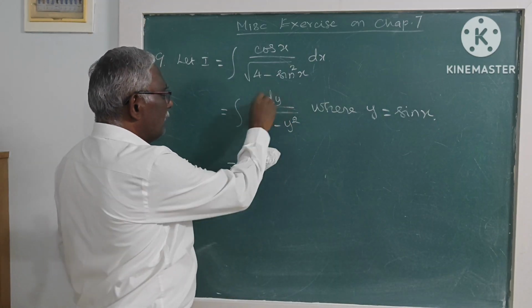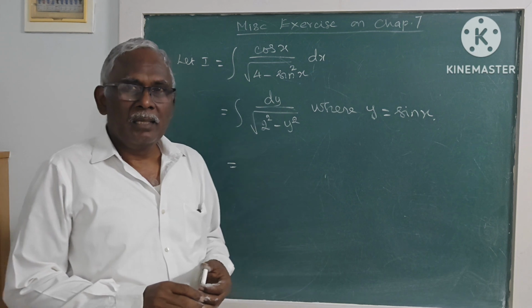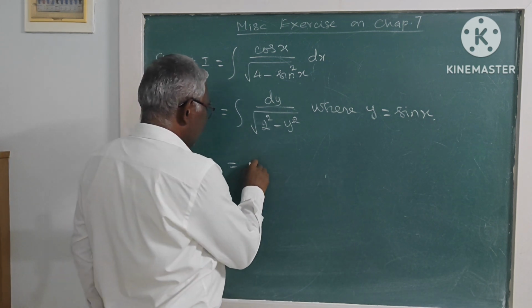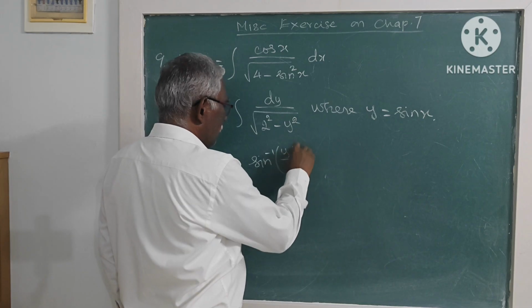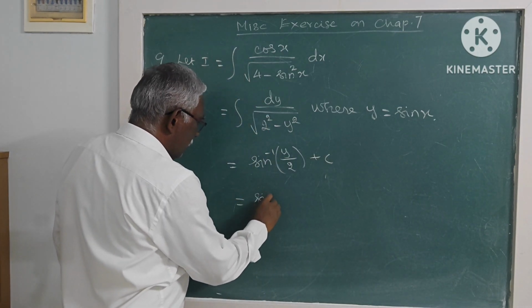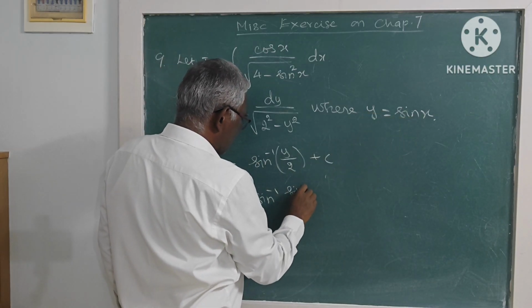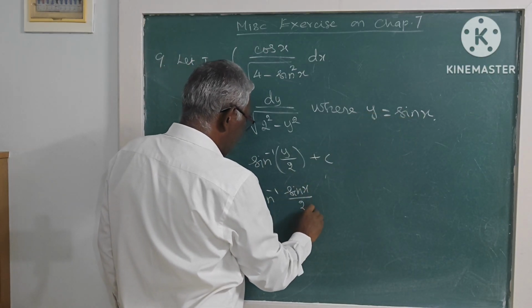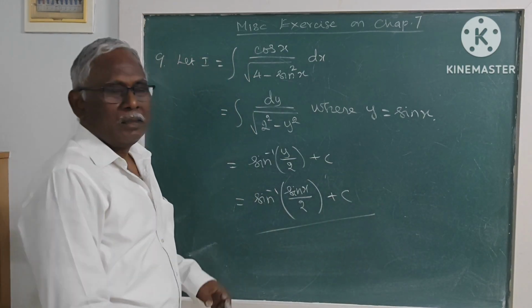Now integral dx by square root of a square minus x square is sin inverse x by a. Here it will be sin inverse y by 2 plus constant. So sin inverse y is nothing but sin x by 2 plus constant. So this is the answer.